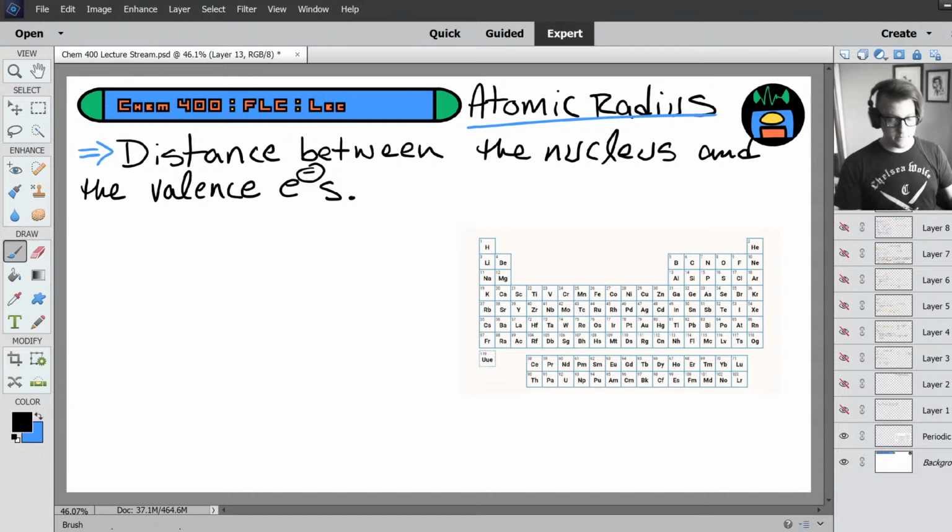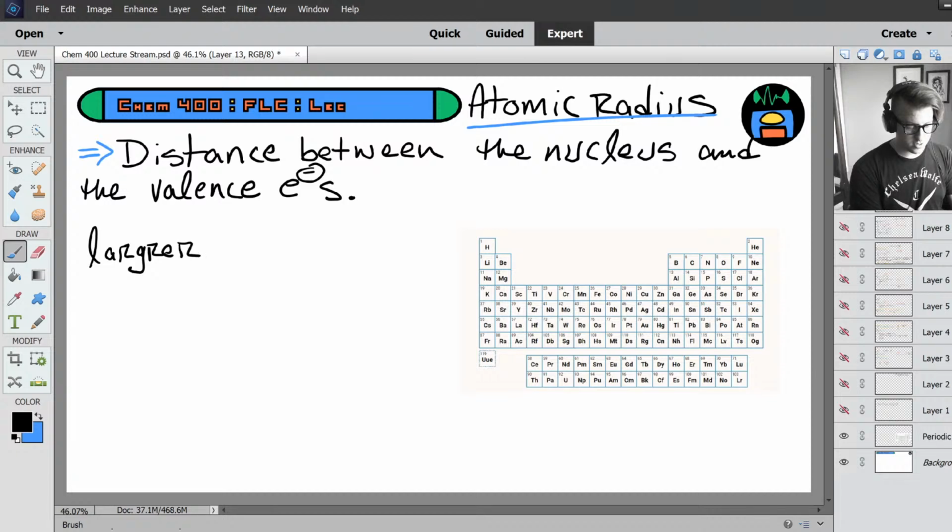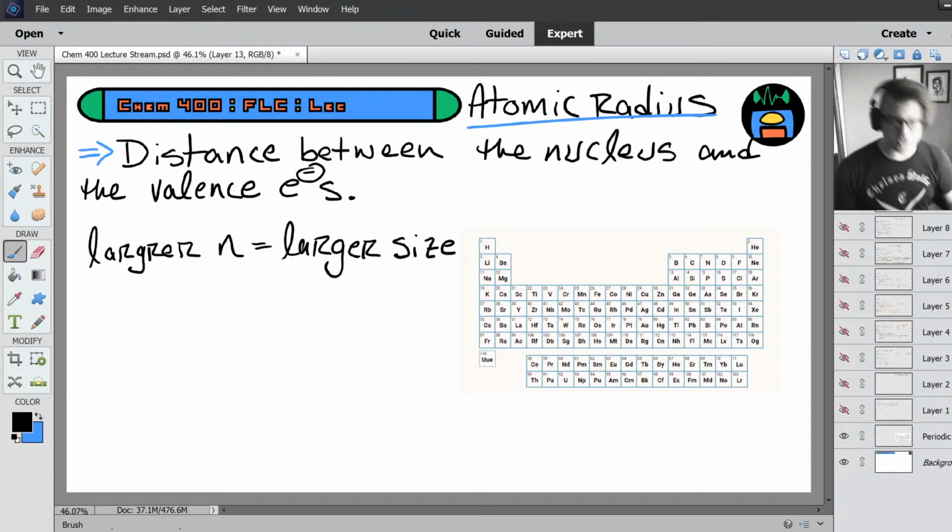So basically the take home here is a larger n means that you will have a larger size for your atom. Atomic radius is essentially a measure of the size of an atom. If you assume that it's more or less spherical, the larger your radius is, the bigger your atom will be.